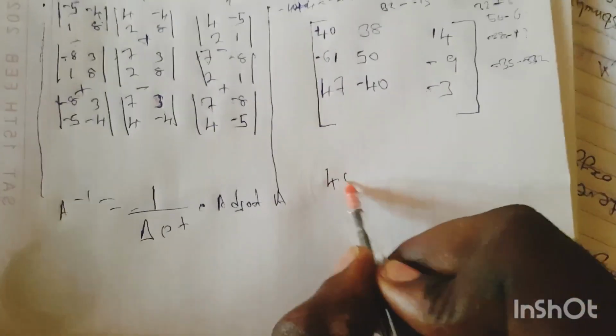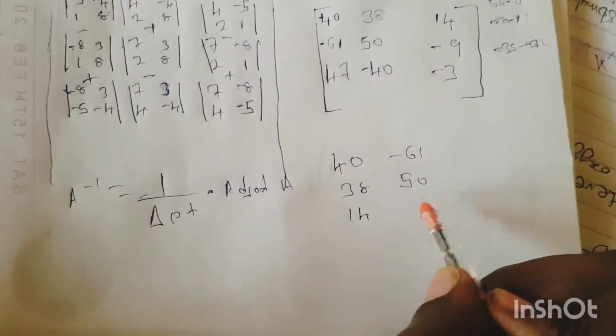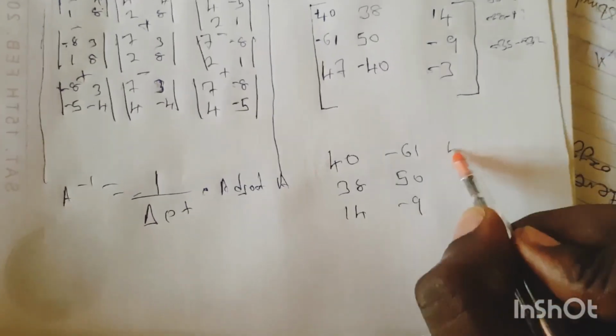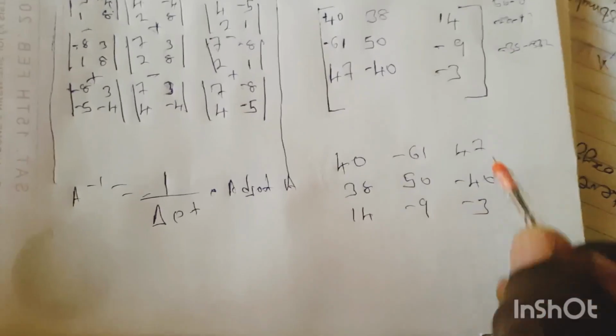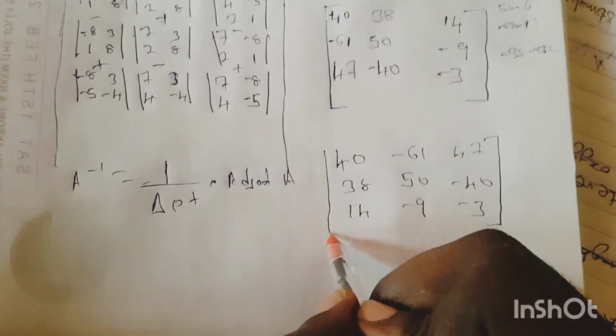So it's going to be 44, 38, 14, minus 61, 50, minus 9, 47, minus 40, minus 3. So that's the adjoint.